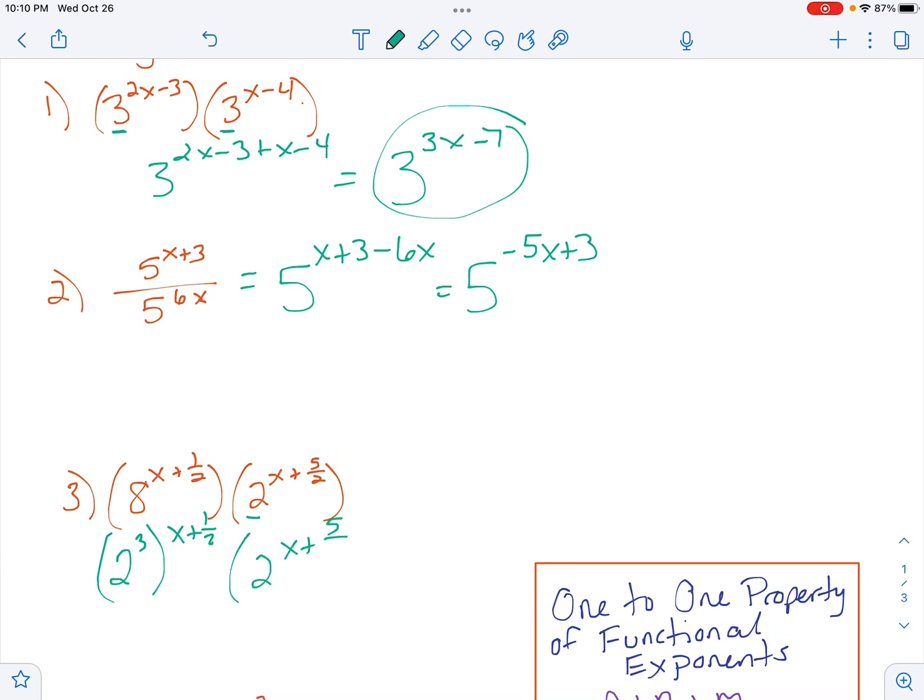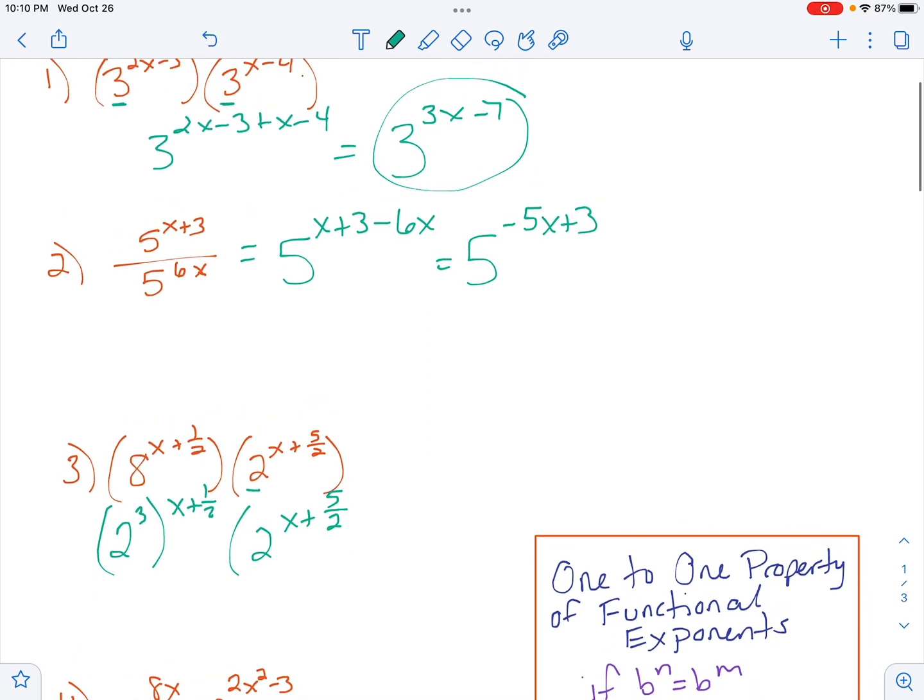What we're going to do, power to a power, we multiply. So really we have 2 to the 3x plus 3/2 times 2 to the x plus 5/2. Now we're multiplying, so we're going to add our exponents. I'm going to come up here because I'm running out of room.